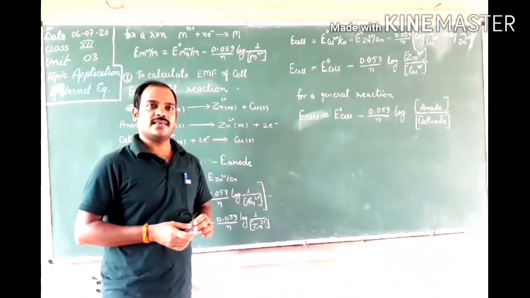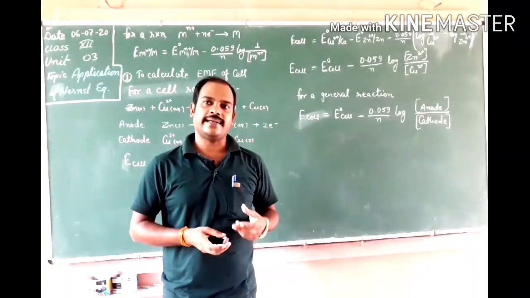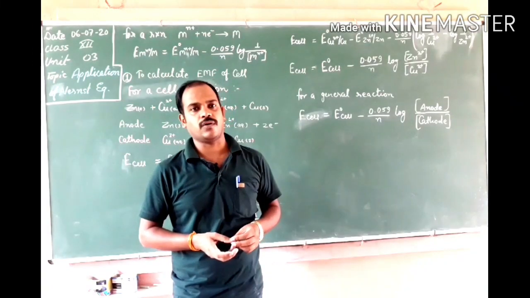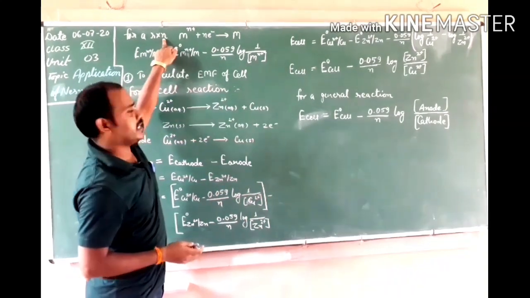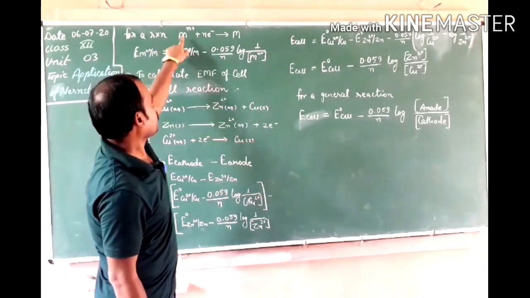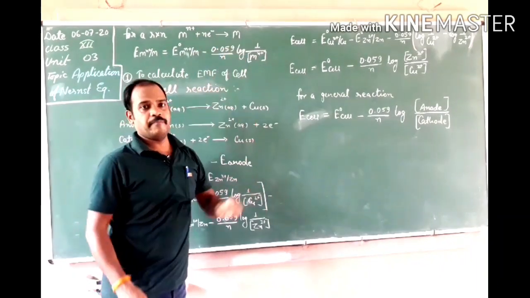Nernst equation was given to understand the relation between concentration and temperature on electrode potential of a cell. So for a reduction reaction, M^n+ gains n electrons and forms M metal.